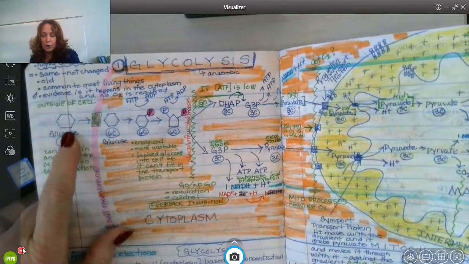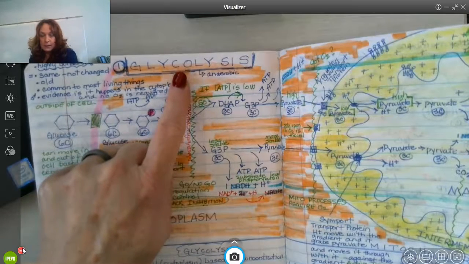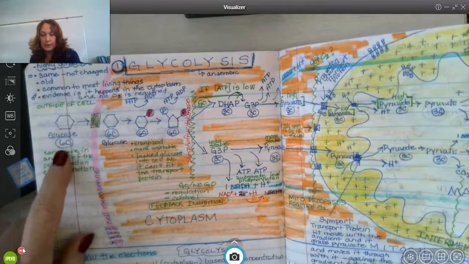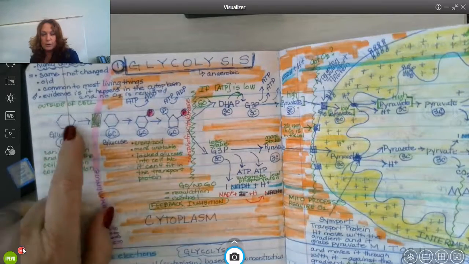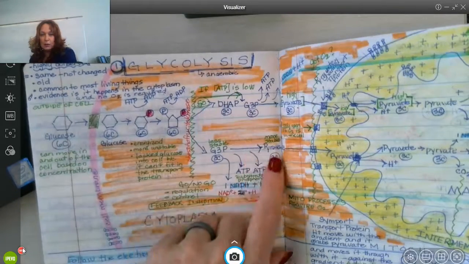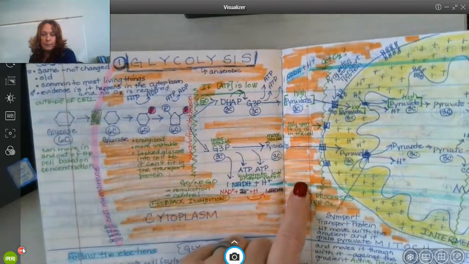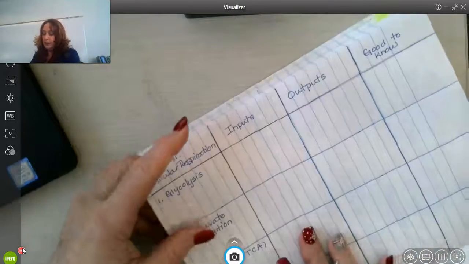So if we just do where are the carbons? In glycolysis, we start off with a 6-carbon sugar, which is glucose, and when we're through with glycolysis, you end up with 2 3-carbon pyruvates. So let's put that in there.